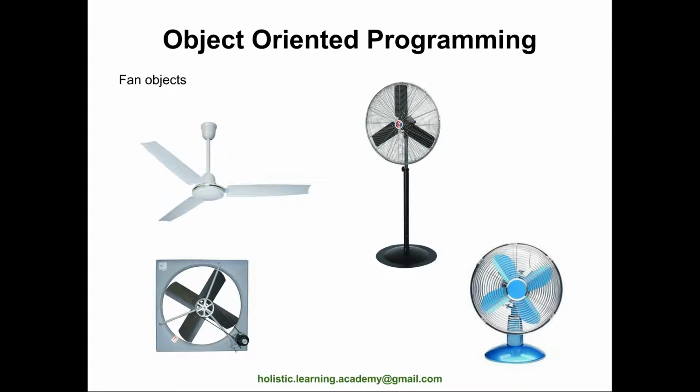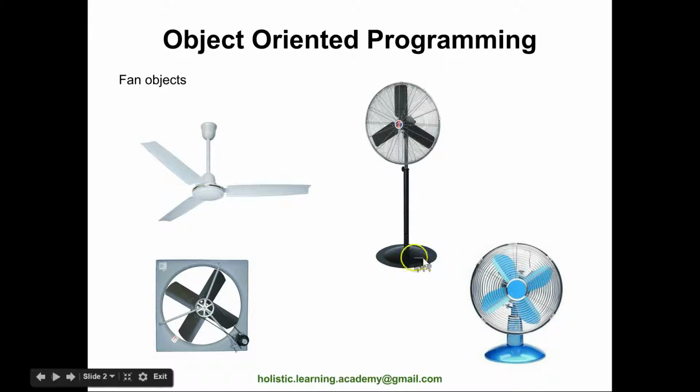So here I have four different fan objects, four kinds of fans. So this one is a ceiling fan, and this is an exhaust fan, and as you can see this is a stand fan, right? And this is a table fan, right? So we have these four different kinds of fans.